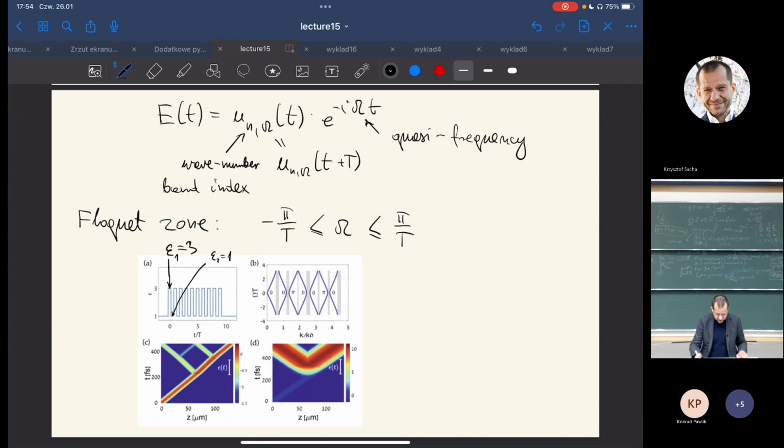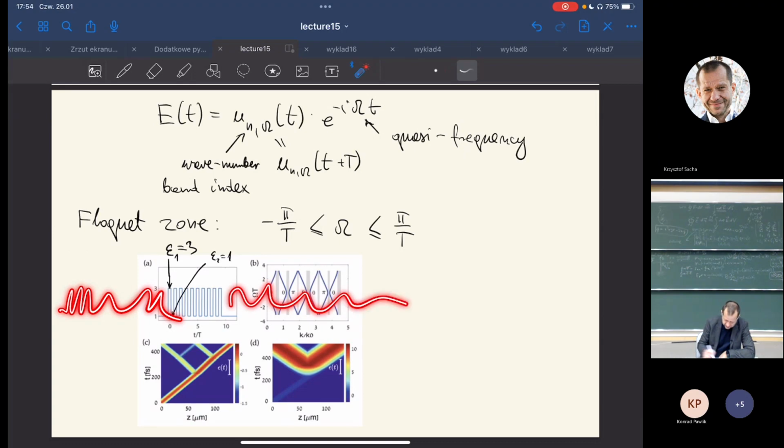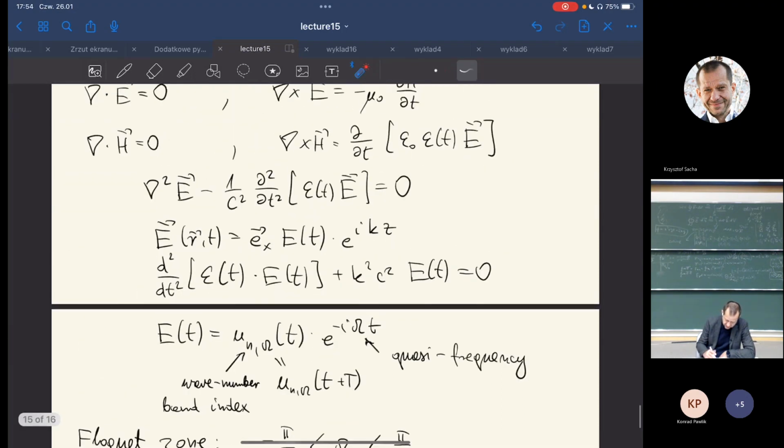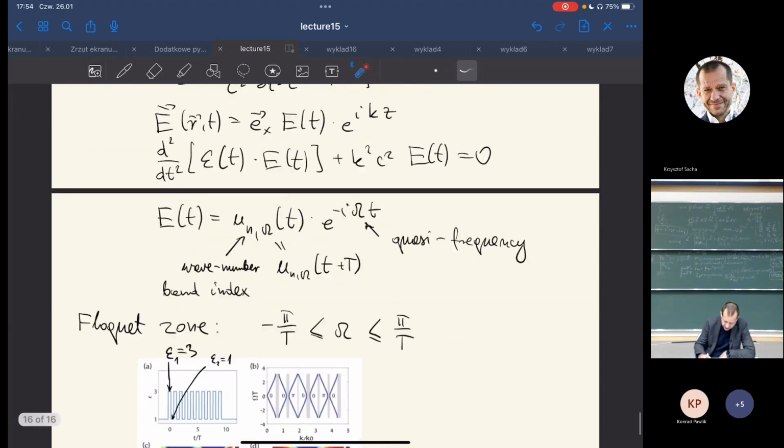Okay, so when we have infinite time crystals, so it starts from, let's say, minus infinity to plus infinity, then we can obtain the quasi-frequency eigenvalues, and it turns out that although momentum, the wave vector, is a conserved quantity, not all values of this wave number are allowed.